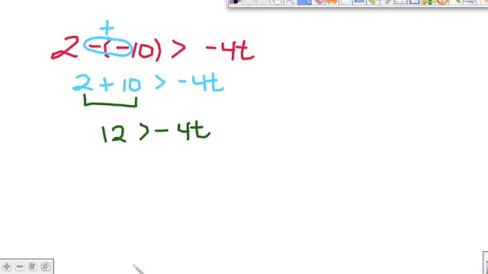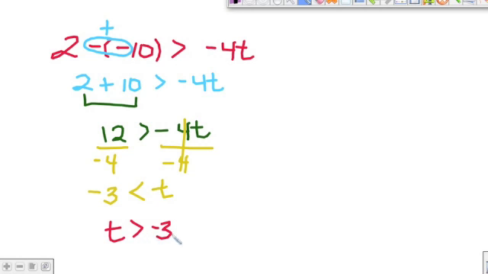All right, we're going to go ahead and divide by negative 4 here to get that t by itself. Now I'm dividing by a negative, which means I flip my sign around. 4 goes into 12 3 times. A positive and a negative give me a negative. Now, again, I like to have the variable first, so I'm just going to flip this whole thing around, not changing its value.